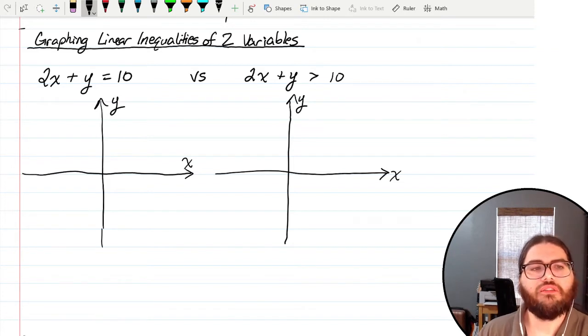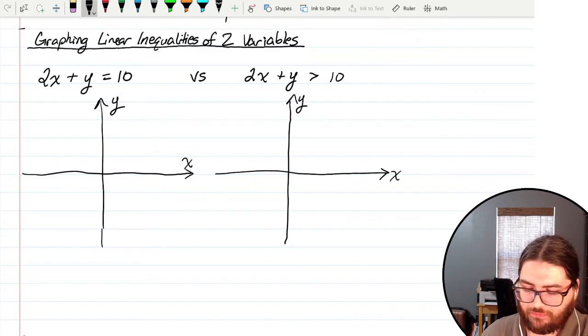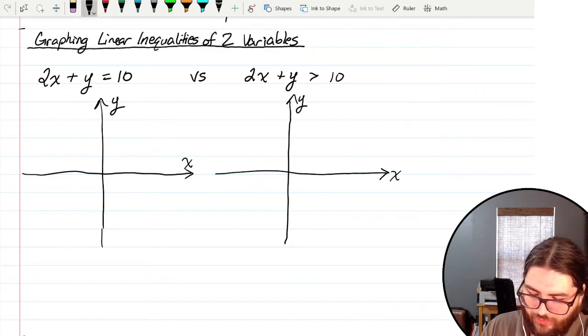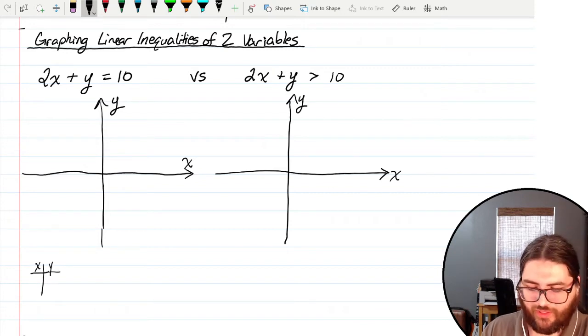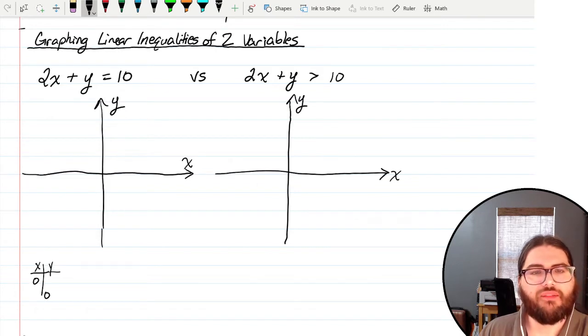So graphing, for example, on the left, 2x plus y equals 10. Not too bad, right? I'll choose to graph this by finding my x-intercept and y-intercept. This method was really nice because it was fast.